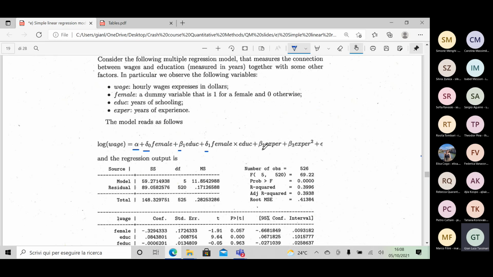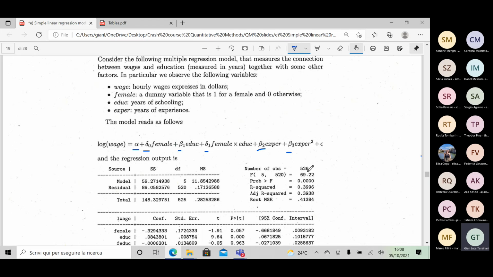Then beta 2 is another coefficient of regression times experience, which is this variable. And furthermore, you have another regressor, which we can call x5, which is the variable experience raised to the power 2. That is, all the values of experience of each individual are raised to the power 2. Obviously, you cannot do it by hand.